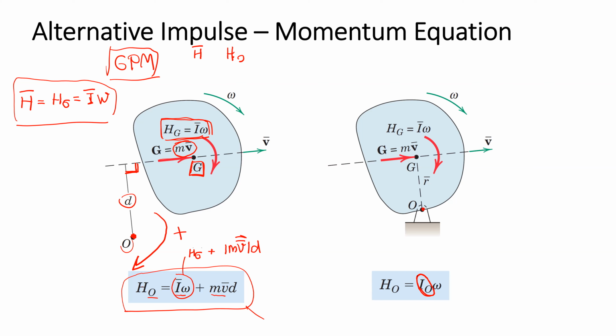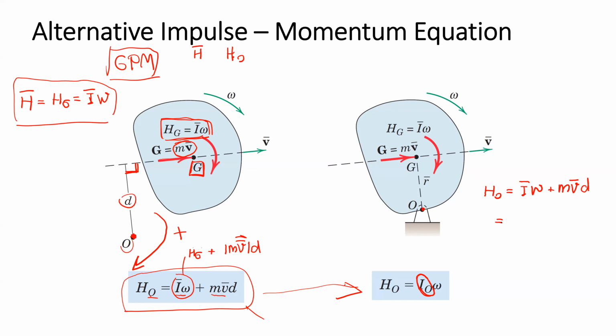So if we apply this for general point O, H_O equals I bar omega plus m v bar multiplied by the offset d, right?